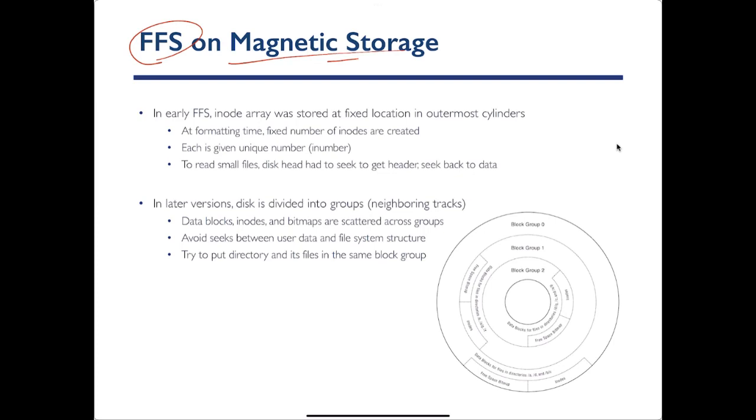So there are many different optimizations that have been implemented in FFS, at least the original version, for these magnetic disk storages. Here are a few of them. There are more, but here are a few.